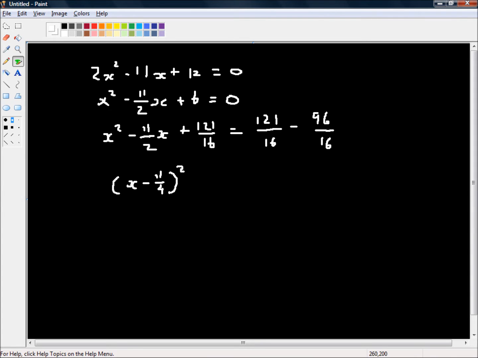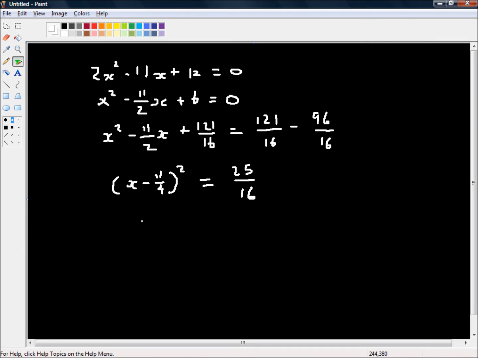That's just basically half of the x term, and that's equal to, okay, well 121 minus 96, well if I was taking 100 away that would be 21, but I'm only taking 96 away, so I'm taking 4 less away from 121, so the 21 will be 21 plus 4, which is 25. So that's equal to 25 over 16, which is going to square root very beautifully.